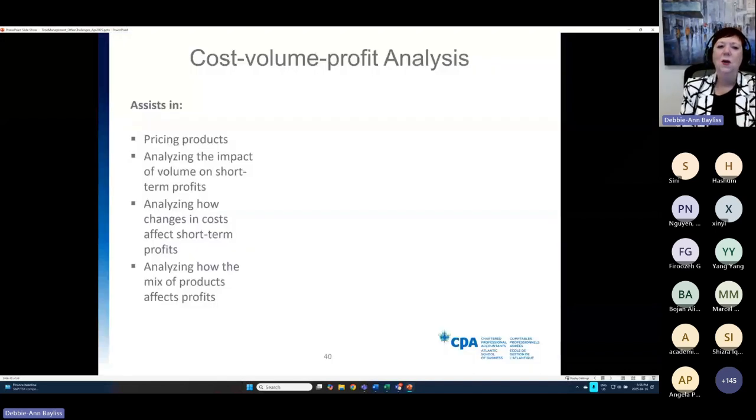So let's talk about cost volume profit analysis. What types of questions does it answer? It assists in pricing products, analyzing the impact that volume or change in cost would have on short-term profits, and also analyzing the product mix.